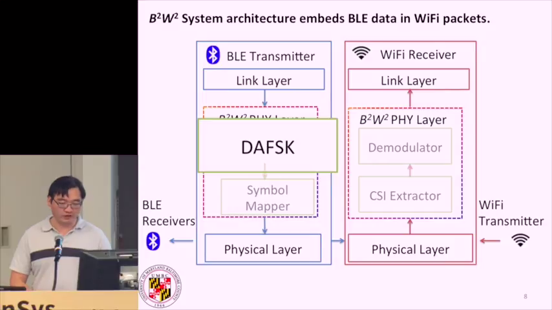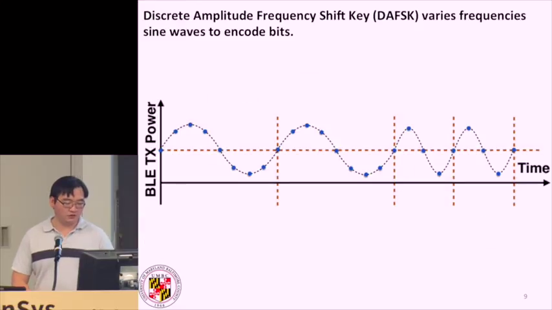If you want to read our paper, we also did PAM, but you can do whatever modulation you please in our scheme. So if you're not familiar with differential amplitude frequency shift key, what we call DAFSK, basically we carry ones and zeros in terms of frequency.